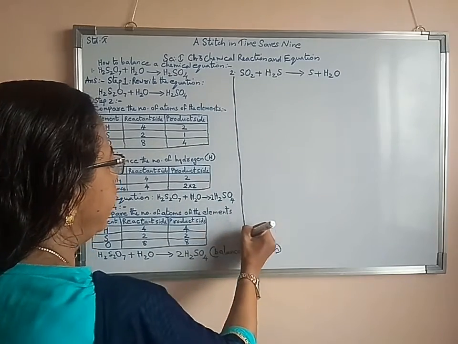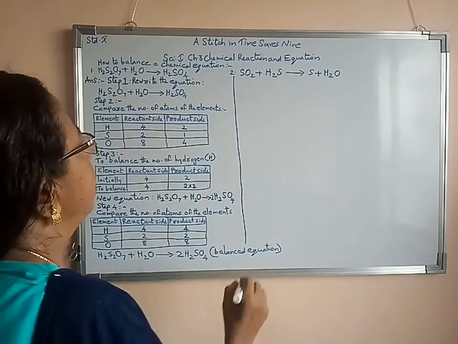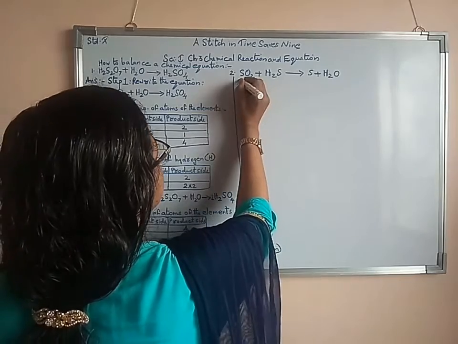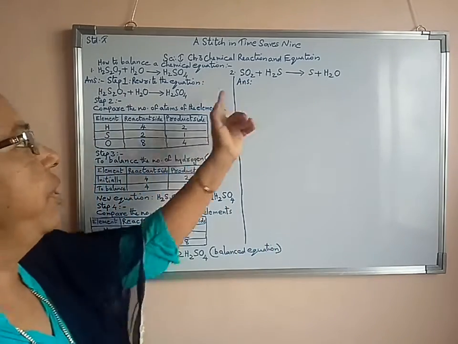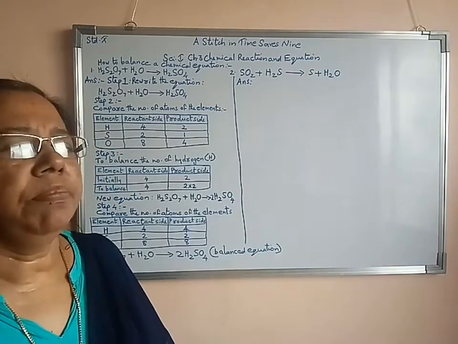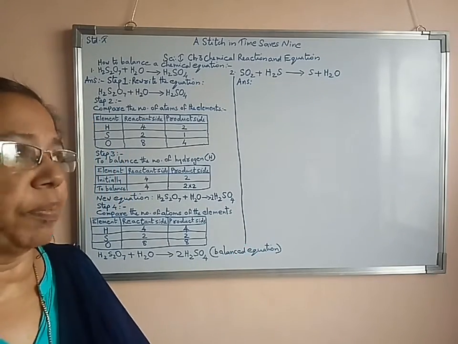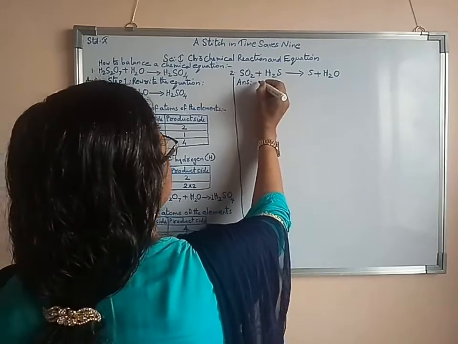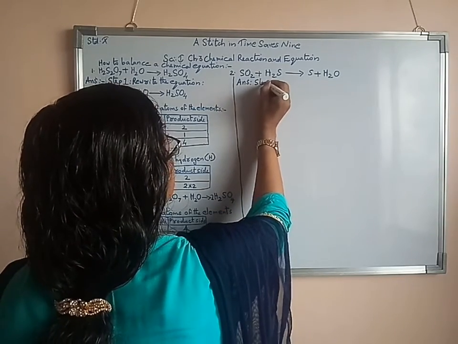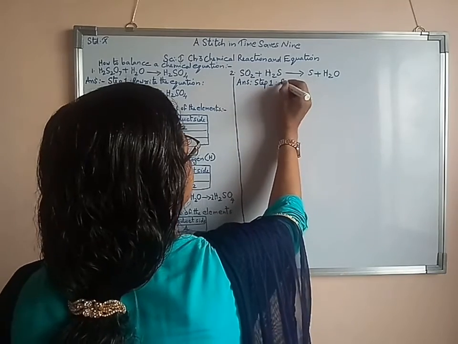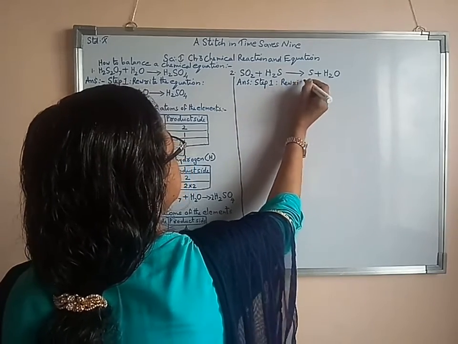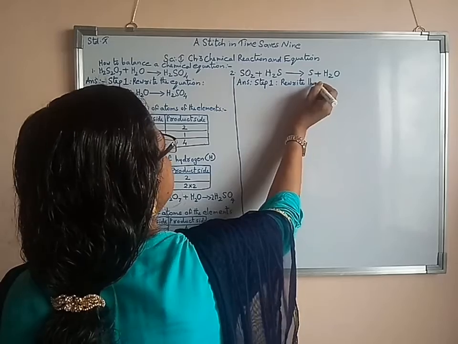Same way we will begin. First we are starting the answer now. What should be done? We have to rewrite the same equation in our answer paper. So here now, step 1, rewrite the equation.